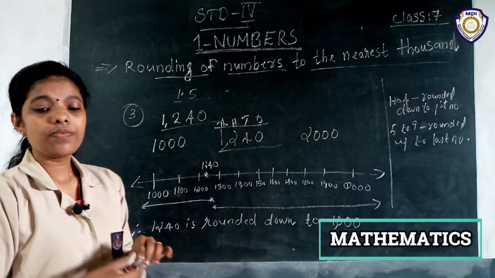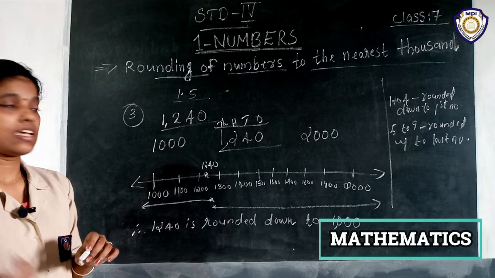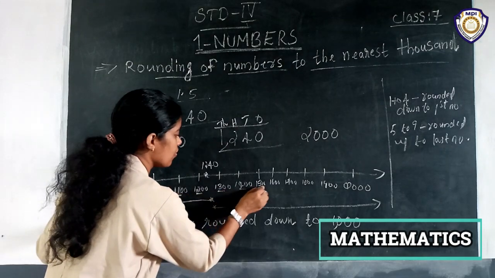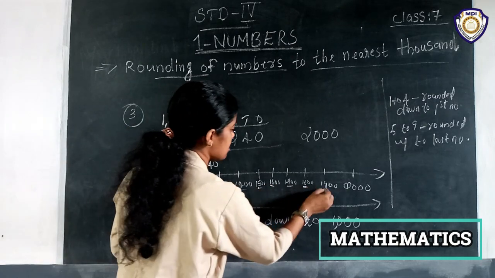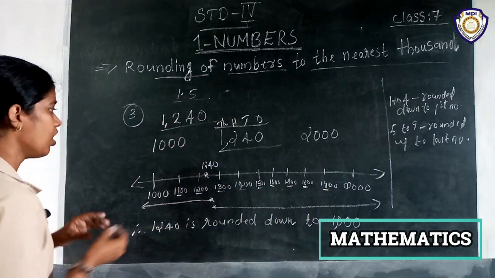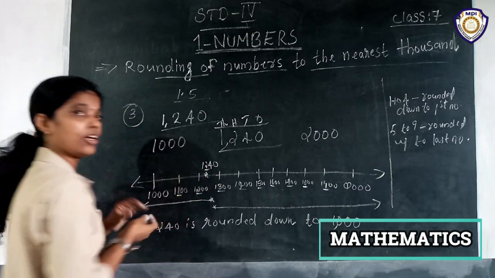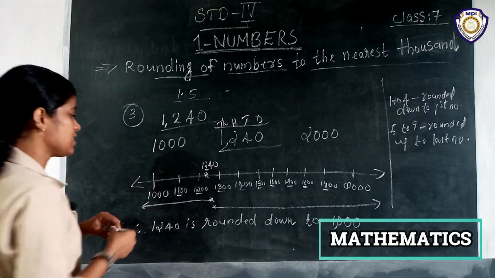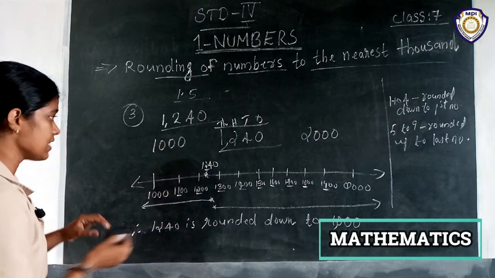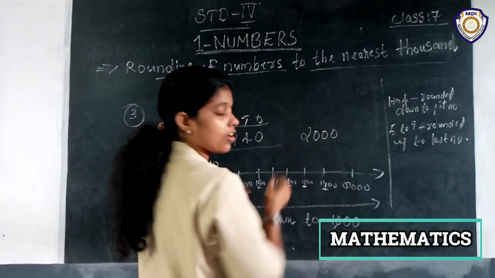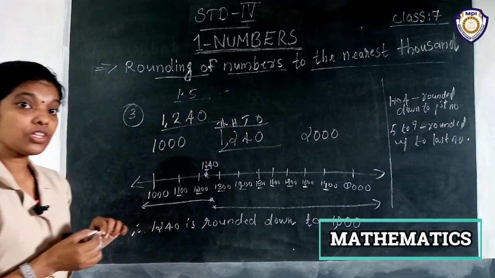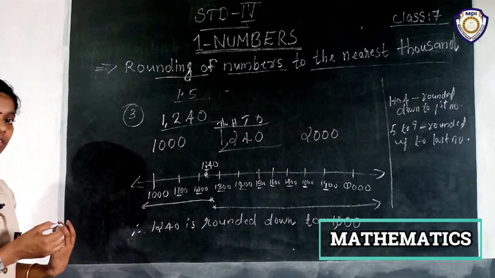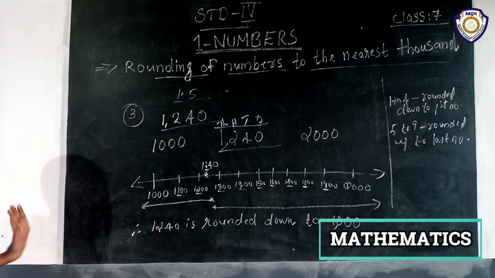Here we consider the digit in the hundreds place: 1, 2, 3, 4, 5, 6, 7, 8 and 9. Our number is 1240. 2 is in the hundreds place. First category: 1 to 4 numbers are rounded down to the first number.